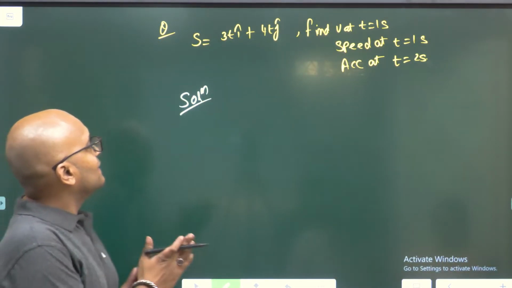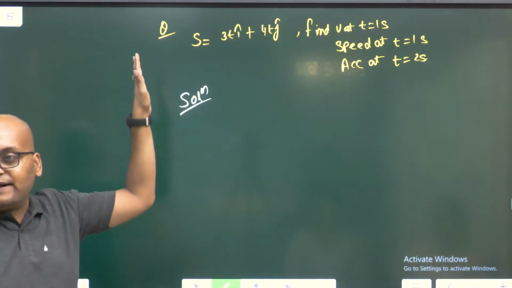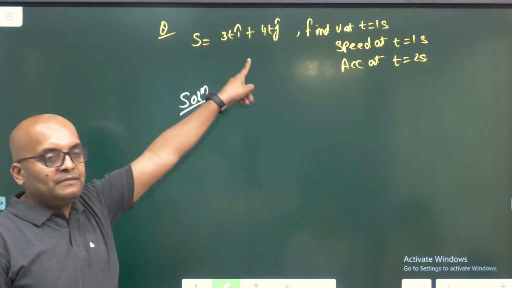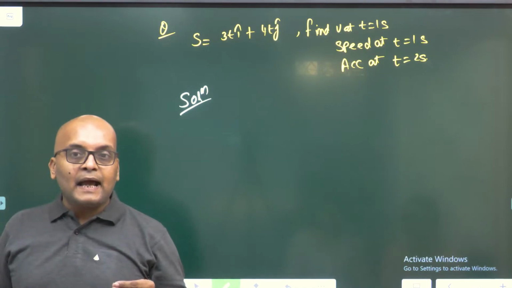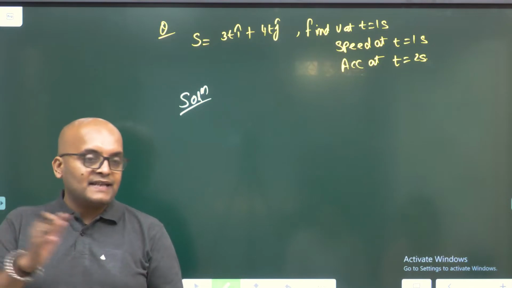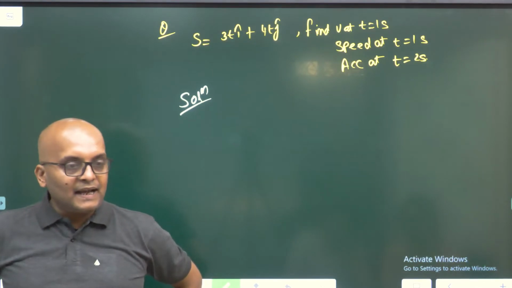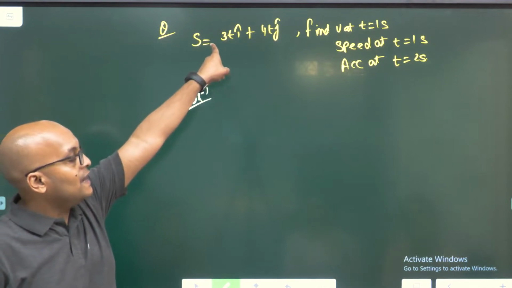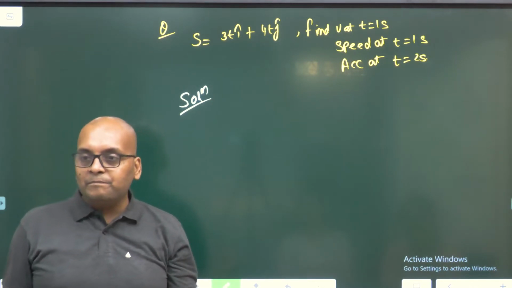Now please see. The thing that is scary is that displacement is given in vector form, in vector notation. But no problem. What is i cap? I have not taught vectors to you. Anyway, what is i cap? It is an orthogonal vector along x-axis. It is giving direction along x-axis. And j cap is giving direction along y-axis. Nothing else. So displacement along x-axis is 3t and displacement along y-axis is 4t.